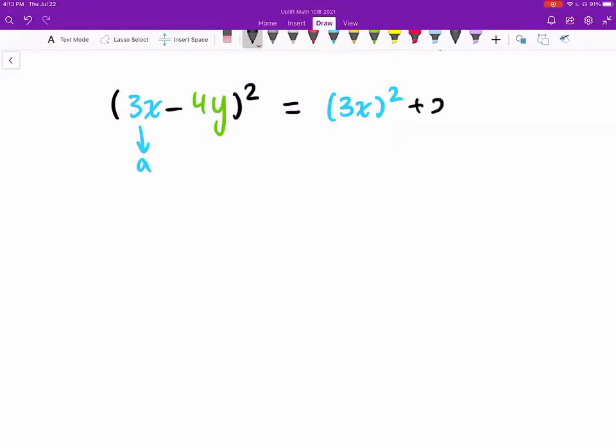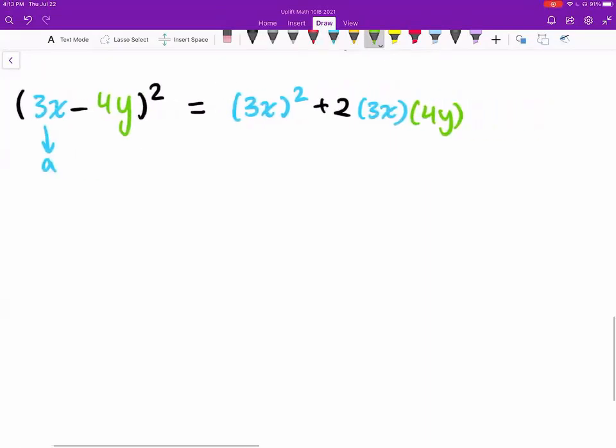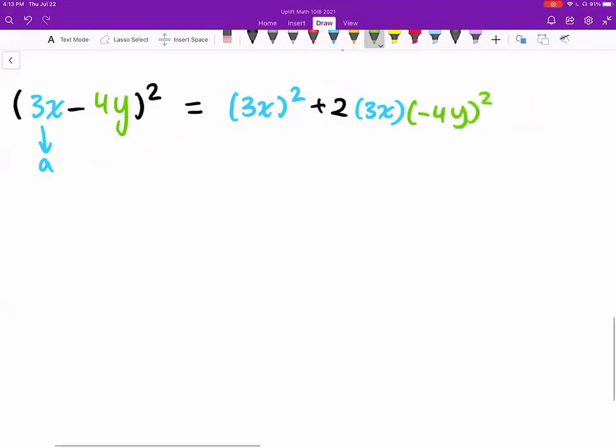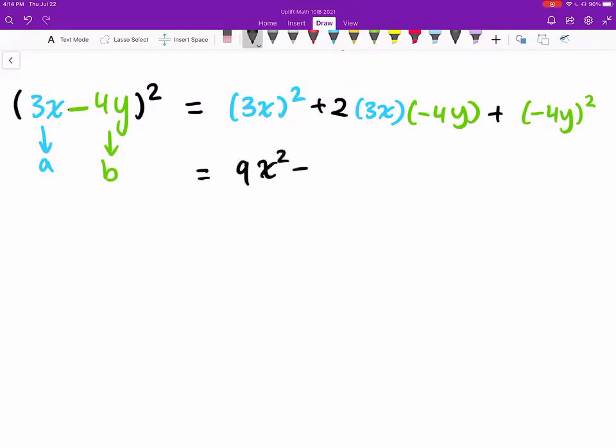Here the b is negative 4y, so we do 2 times 3x times negative 4y. And then we add negative 4y squared. Always remember the negative. Then we simplify this expression, and we get 9x squared, subtract 24xy plus 16y squared.